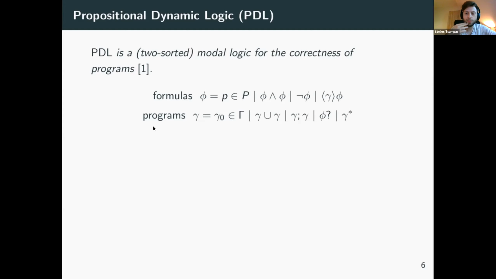PDL is a special form of modal logic, a two-sorted modal logic that is used for the correctness of programs. What I find special about PDL is that it has two sorts. One of the sorts is for formulas, where phi is a formula and P is an atomic Boolean proposition, and you have other operations in there, which are simple first-order logic operations.